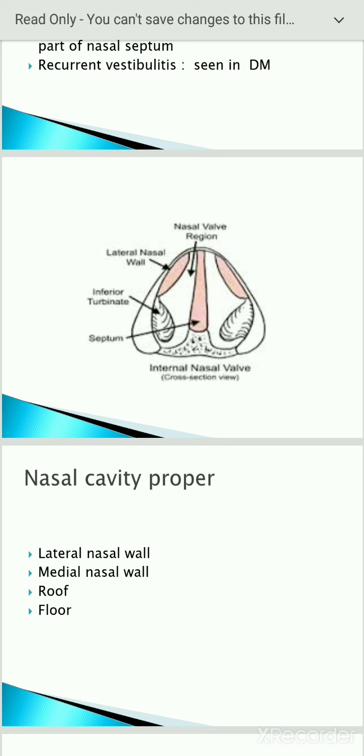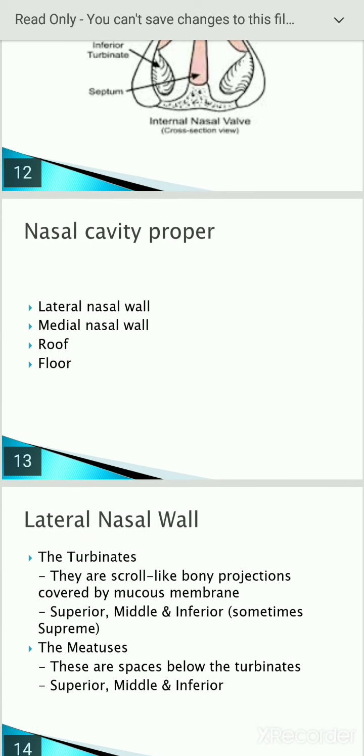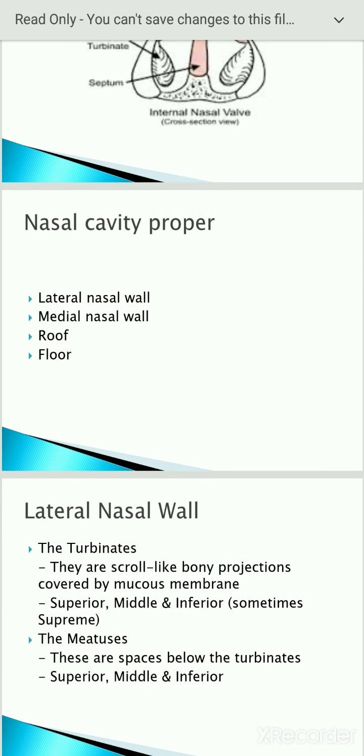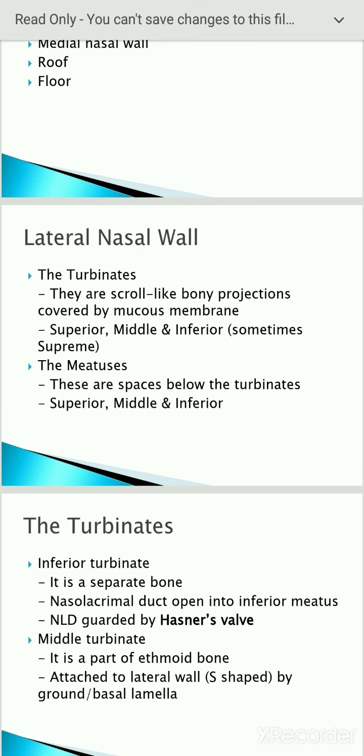Now let us go deeper. As we discussed earlier, nose has got lateral wall, medial wall, roof and floor. Lateral nasal wall is very complex. It has got many structures. Mainly, there are turbinates and meatuses.